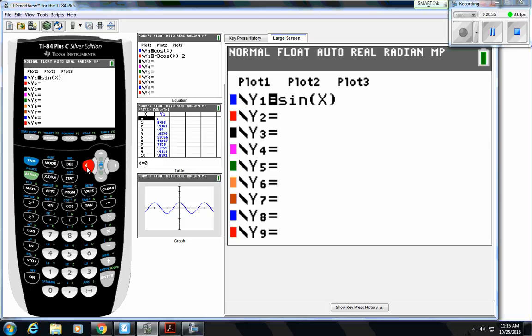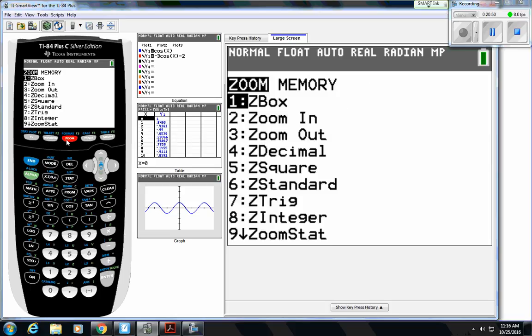Okay, so now in Y2, let's put in that function. What was the function? 2 sine of x. 2 sine of x. Close it out. Okay, so what I want you to do at this point, zoom. What do you think? Which option? Zoom trig.